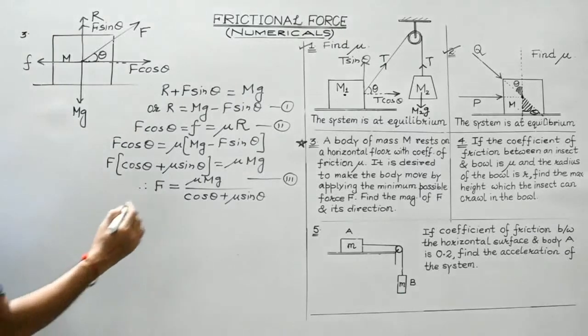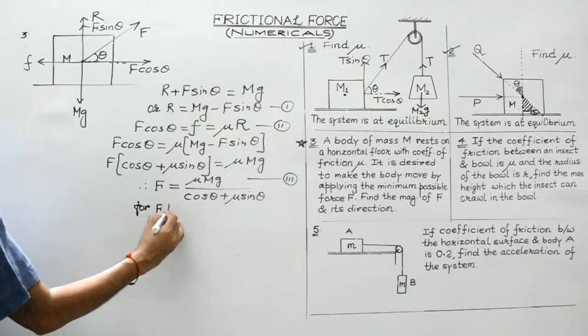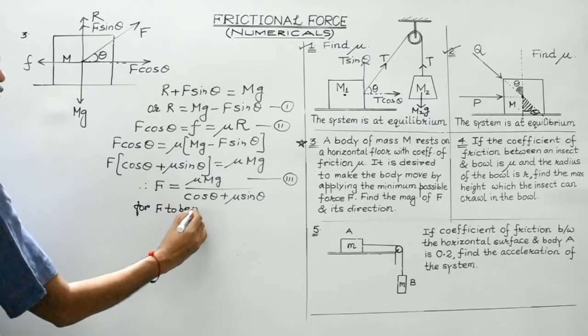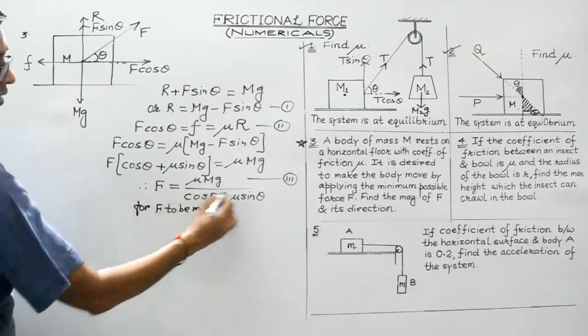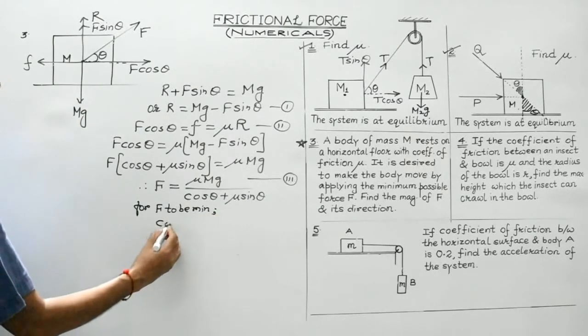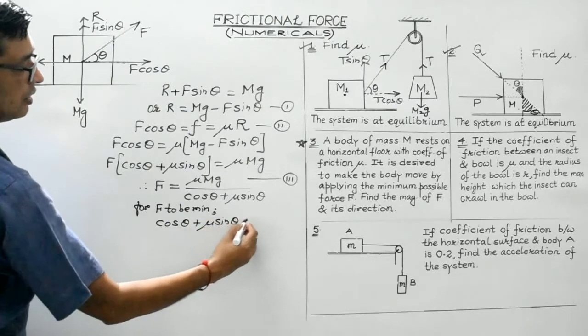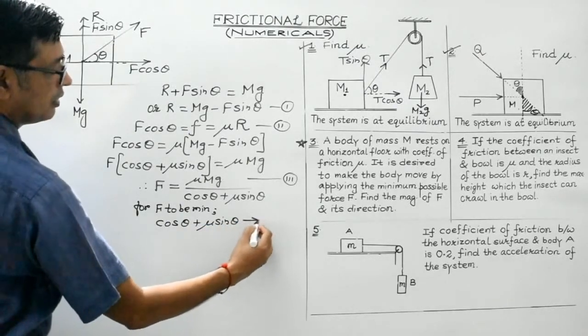Now here, for F to be minimum, the term in the denominator, that is cos theta plus mu sin theta, must be maximum.